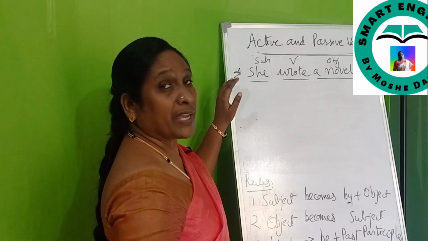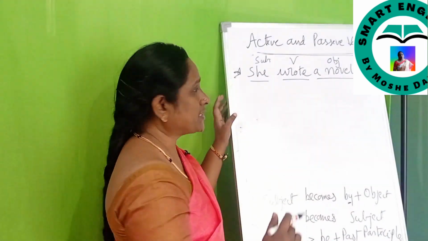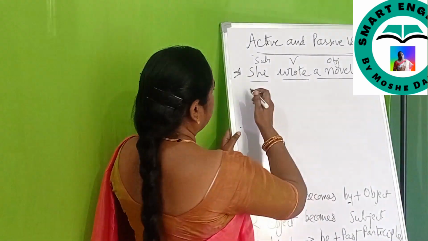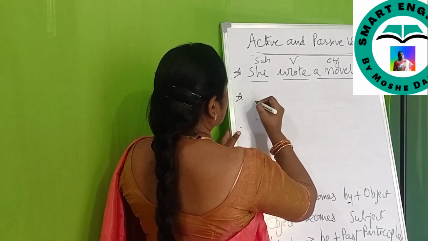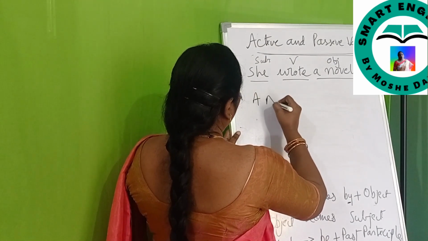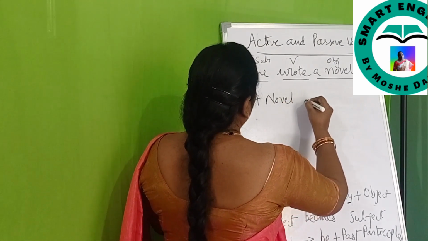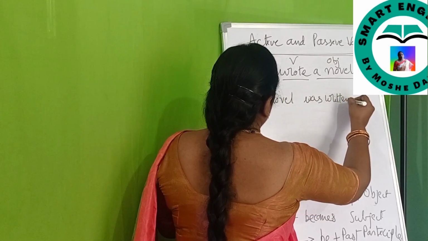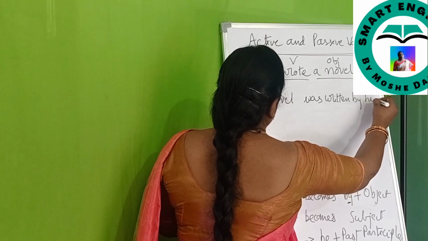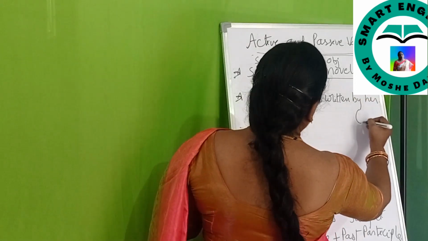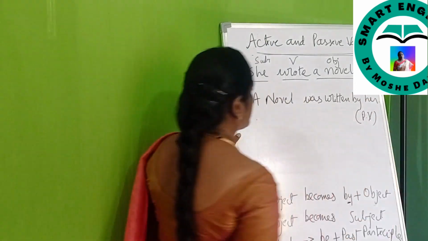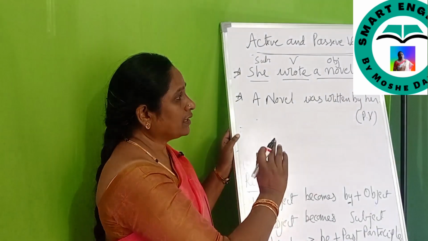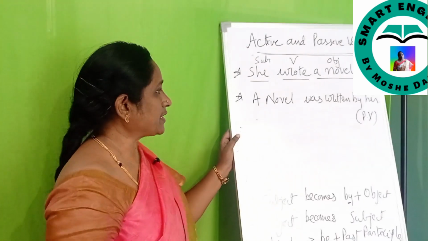Now when we are changing into passive voice, what are the things you observe? I will write it here in passive voice: a novel was written by her. Okay, this is in passive voice. That means, see here, what is done to the subject.